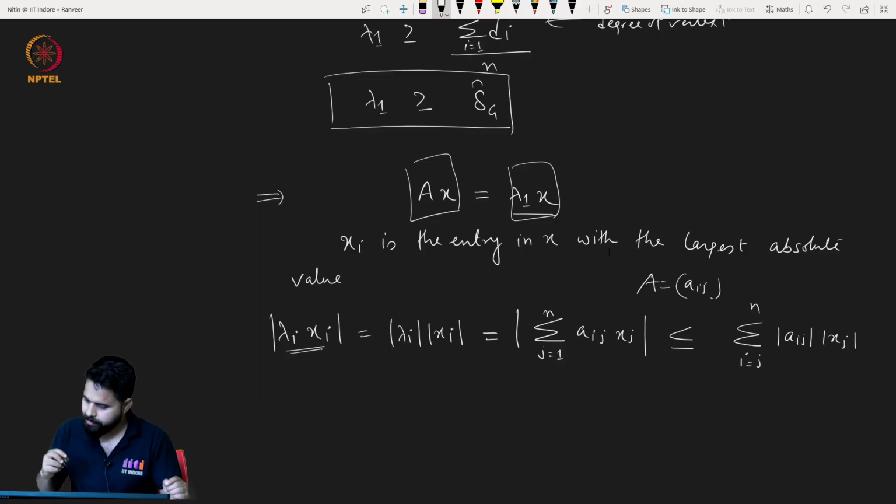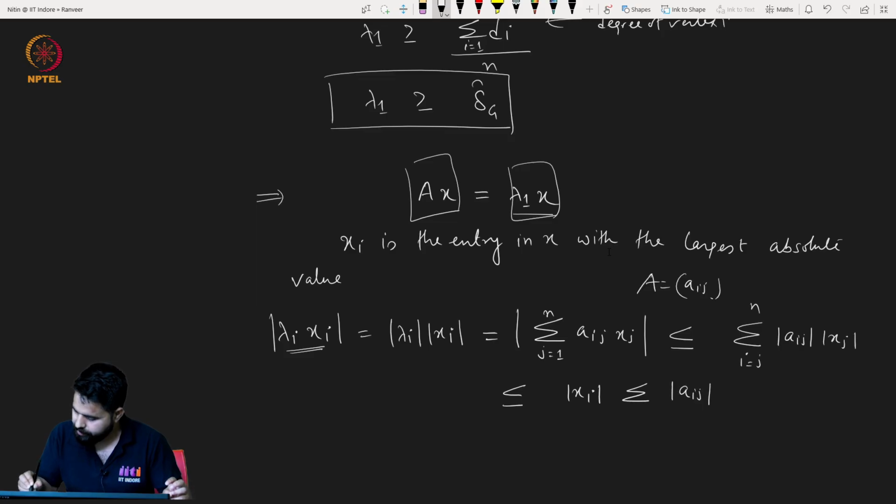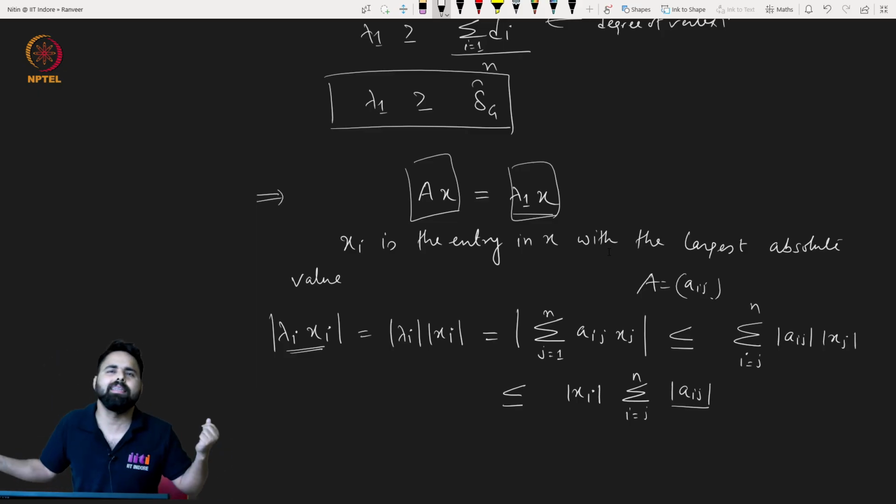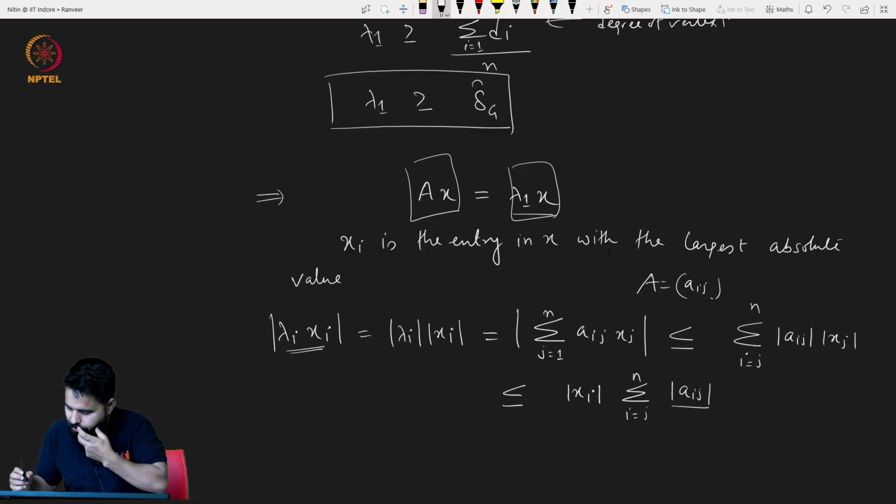I hope this is clear. And now, because xi has the largest modulus, I can write this as mod xi times the sum over j of aij. By the way, there is no need of putting mod over aij, because these are either 0 or 1, so not negative, no issue here.